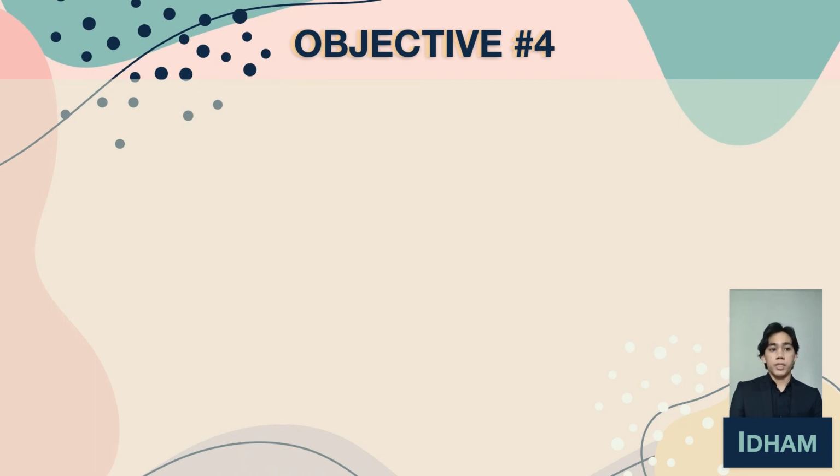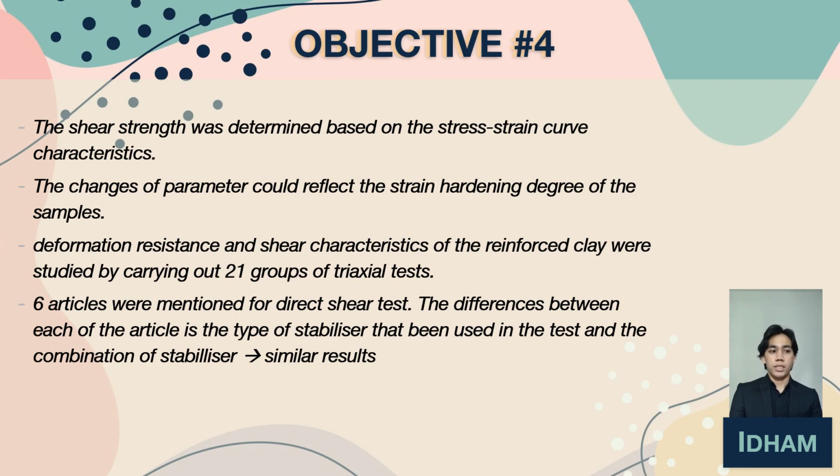The change of parameter could reflect the strain hardening degree of the sample, and 6 articles were mentioned for direct shear strength. The differences between each of the articles is the type of stabilizer used for the test and the combination of stabilizers. But all in all, it all brings one conclusion, that they all bring similar results.